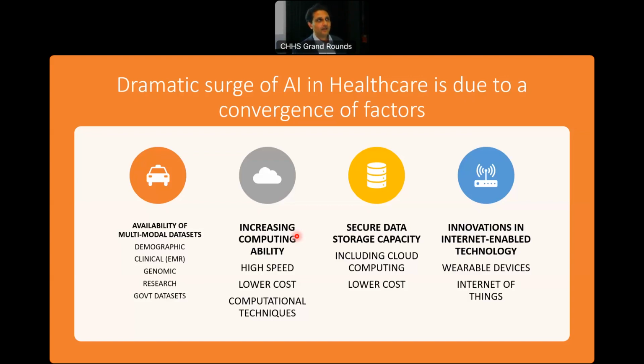You just have to think about your mobile phones and how many megabytes of storage it had a few years ago, and now it's measured in terabytes. So the storage capacity has increased, which is what you need for the massive data processing for artificial intelligence. So we've got physical servers, but now cloud computing, and that's all occurring at a lower cost.